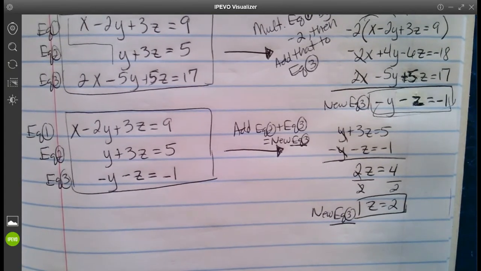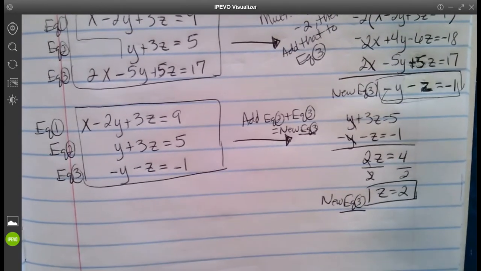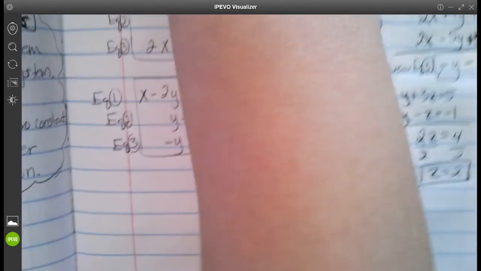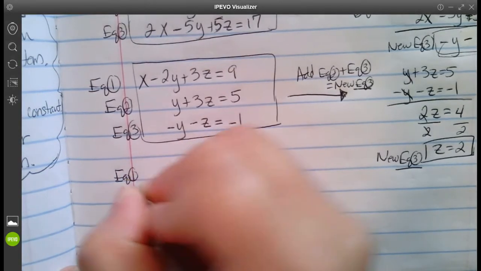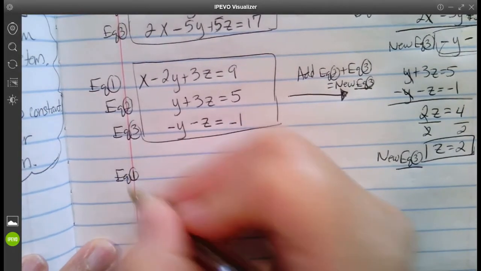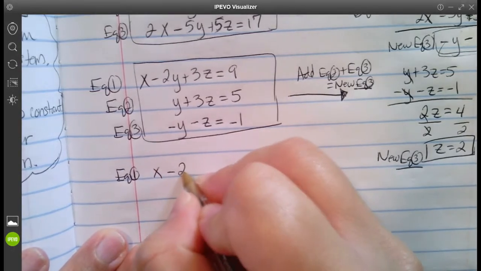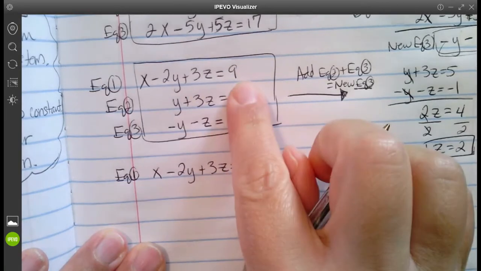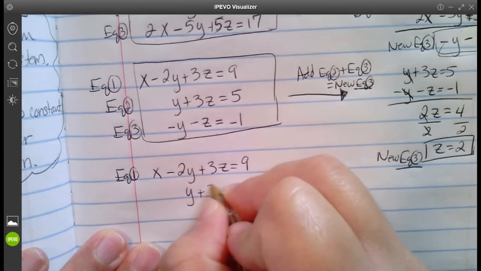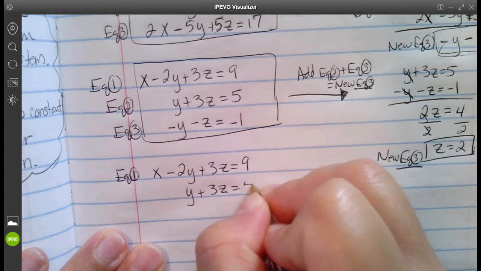Okay, and I think we're going to be okay after that. So let's go ahead and plug it in and see what happens. So we're going to rewrite our system one more time. And I know these take a while, guys. Like I said, this is where it starts getting a little bit interesting. So x minus 2y plus 3z is equal to 9. There's our first equation. y plus 3z is equal to 5.